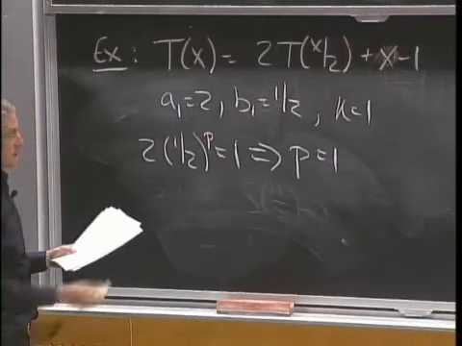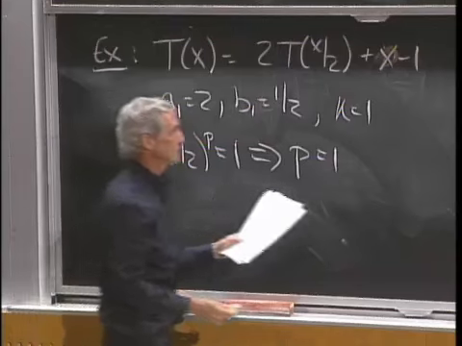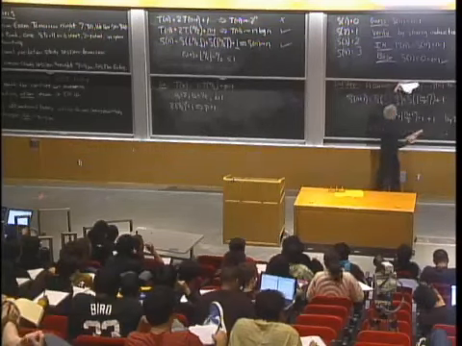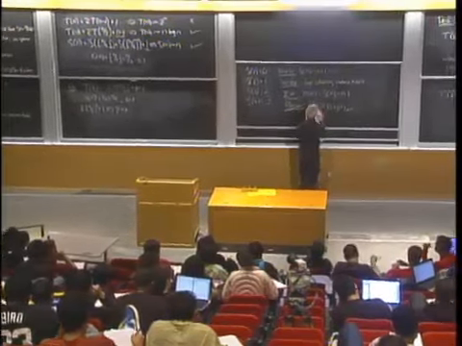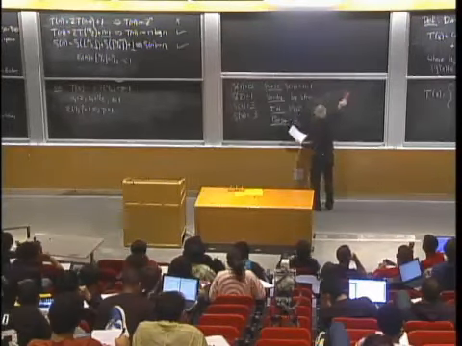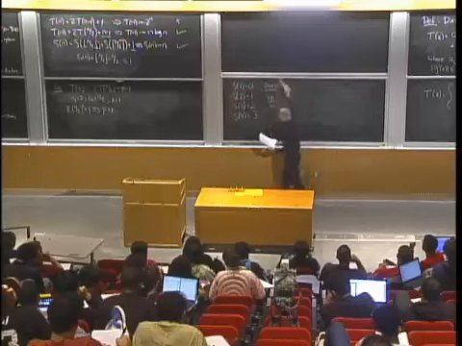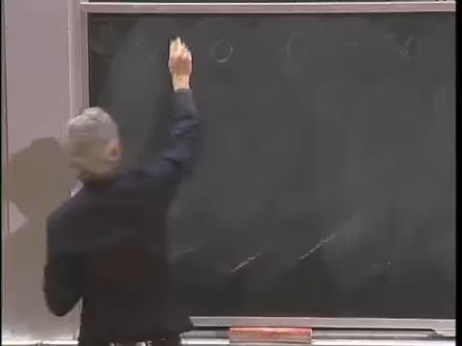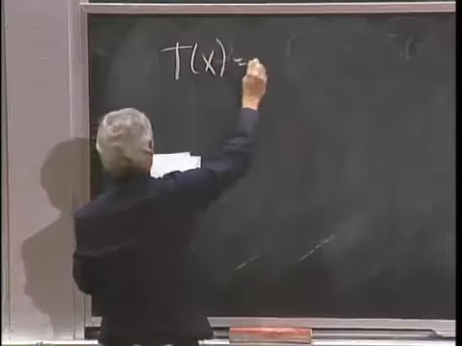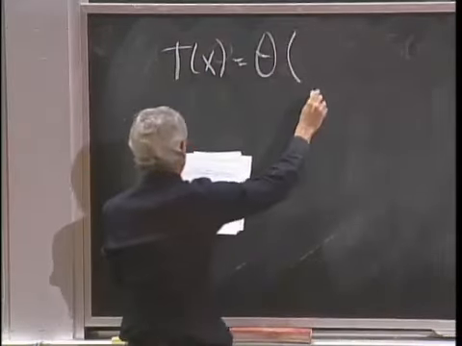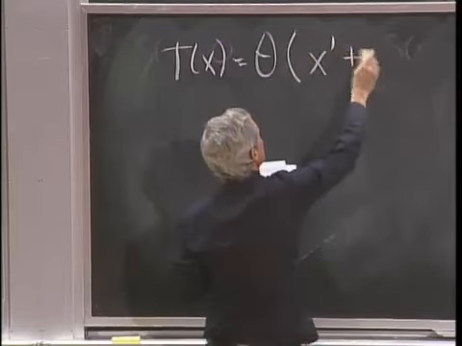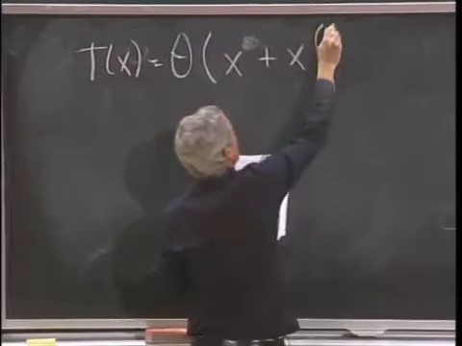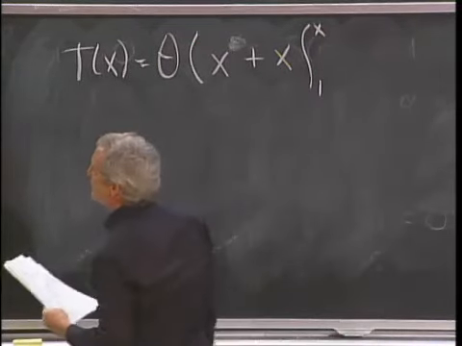All right, now I just plug into the integral over there. Let's do that. So T of x equals theta of x to the p, which is x to the 1, plus x times the integral from 1 to x. What's the g function?